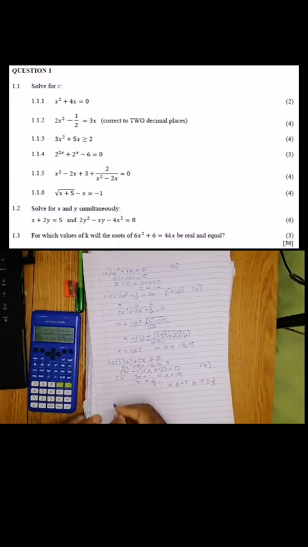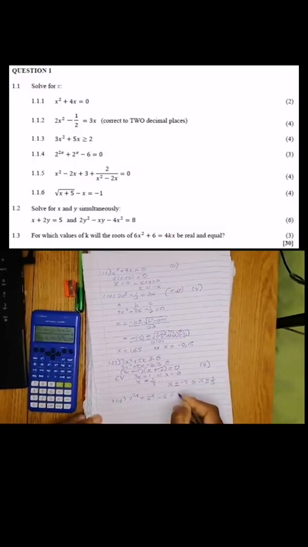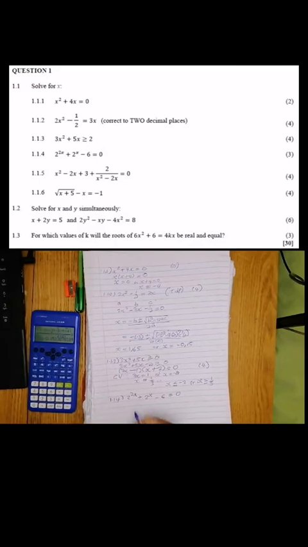So for 1.1.4, you have 2 to power 2x plus 2 to power x minus 6 is equal to 0. So guys, to solve this question, there are multiple methods to solve it, but also the easiest one you can use is the k method, but I would prefer to use the factorization one, which is when you open up two brackets, you'll have 2 to power x.